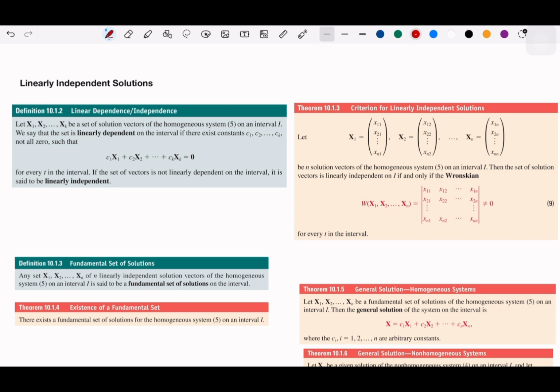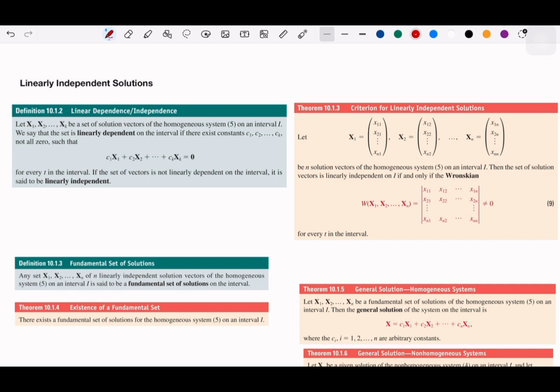For the non-homogeneous case, we need to include the homogeneous one. Now we are going to walk through the homogeneous system. So if we get linear independence, we get the fundamental set of solutions.